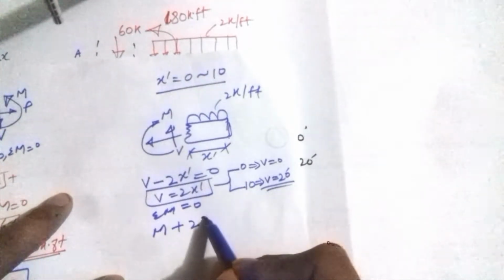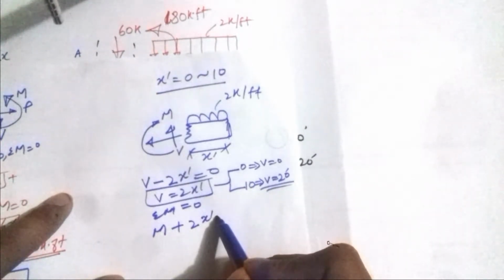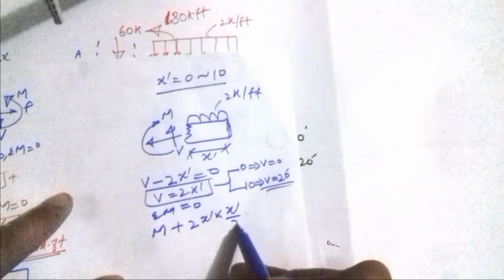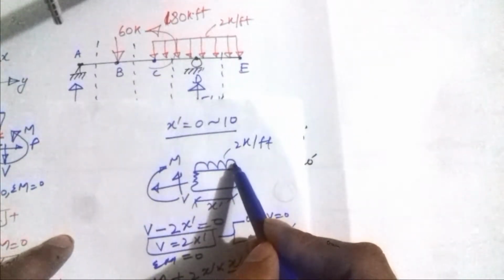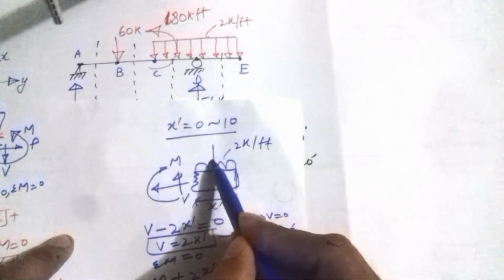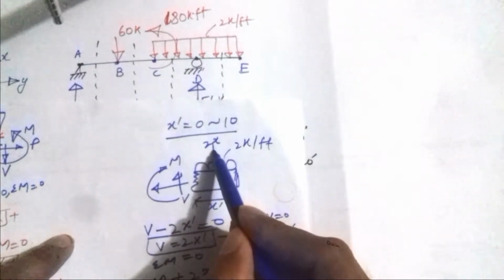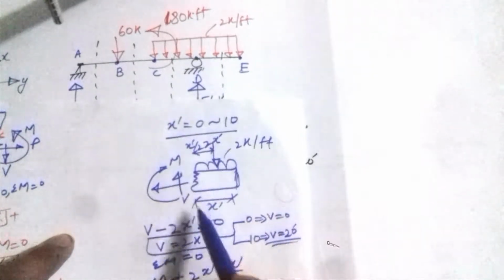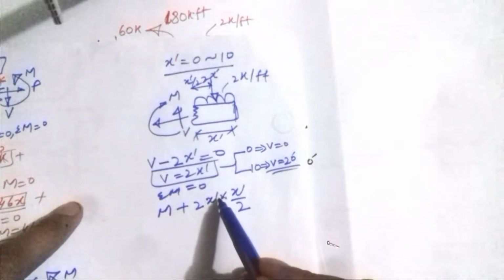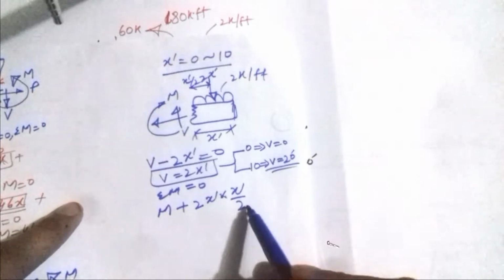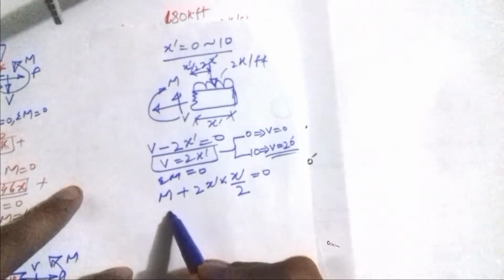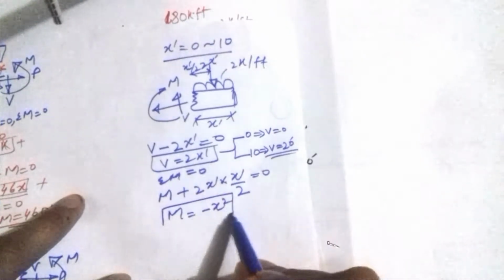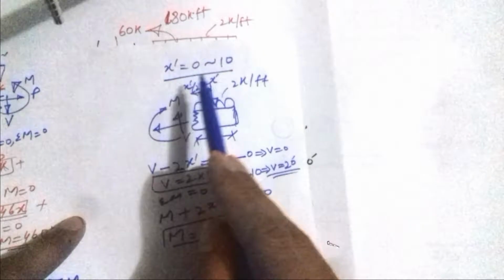M plus 2 times x dash into x dash divided by 2 equals 0, because the resultant of this UDL would be 2x dash and it is acting at a distance of x dash by 2, which means M would be minus x dash squared. So this is when x dash is from 0 to 10.